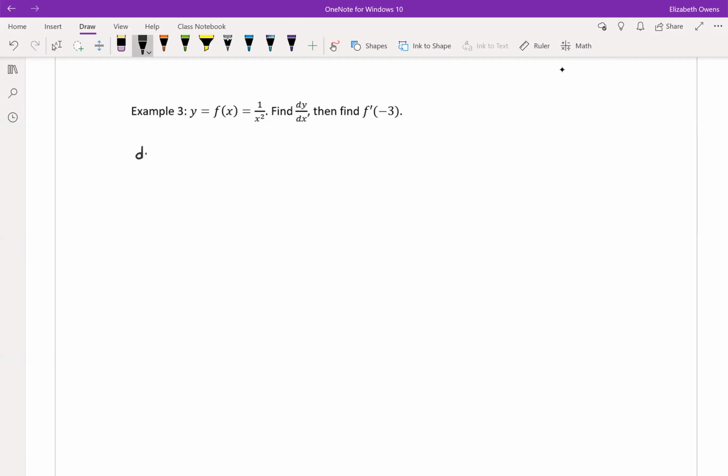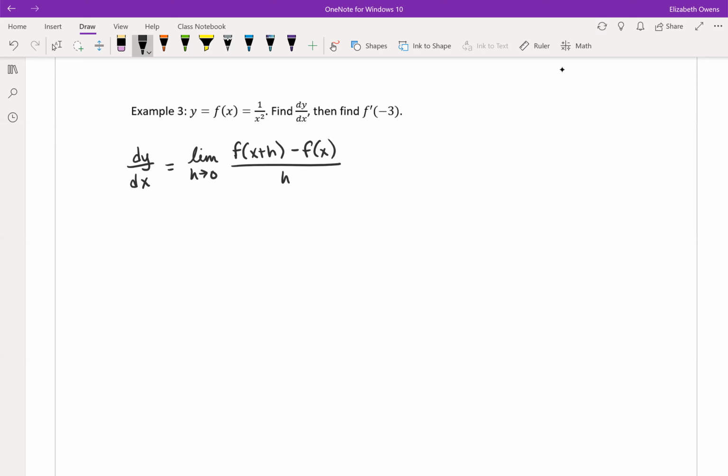So let's start with writing our definition of the derivative, which is still the same. Even though we're using Leibniz notation here, it's still the exact same definition. The limit as h approaches 0, f of x plus h minus f of x all over h. Okay.